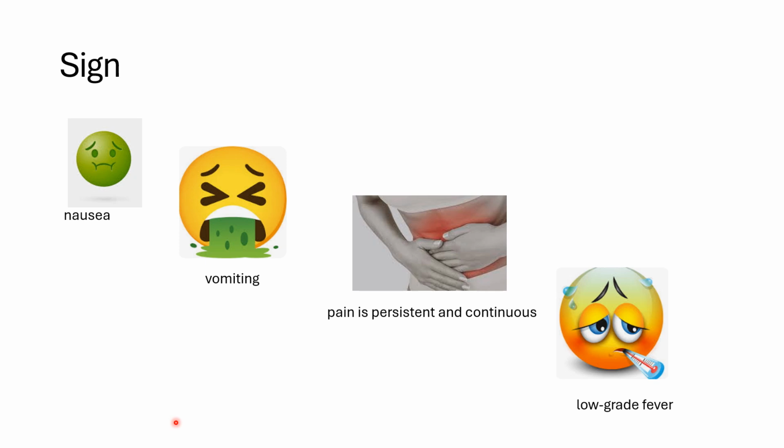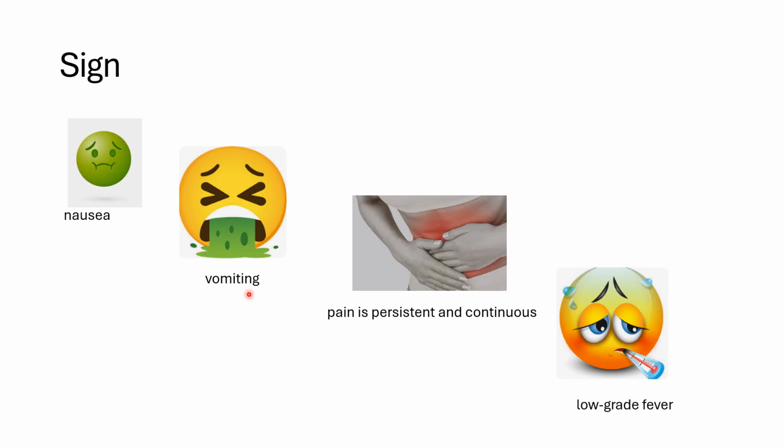As for the signs and symptoms, most of the time patients come with a pain that persists and doesn't go away. The patient usually feels the pain around the umbilicus, and then it gradually transfers to the right side. Other signs and symptoms are nausea and vomiting.